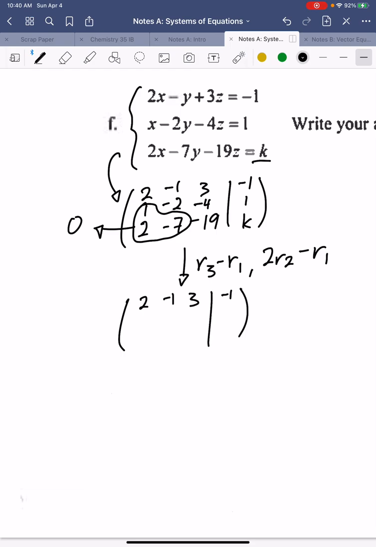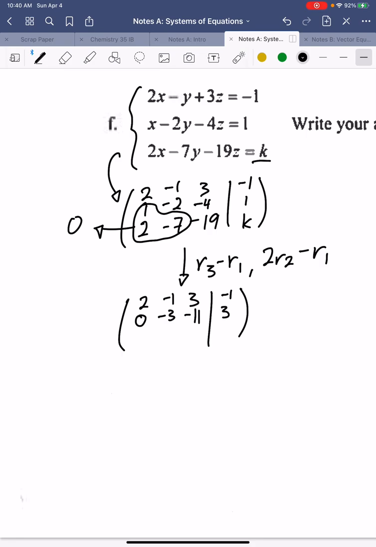Second row changes because 2 row 2 minus row 1. So 0, -4, so -3, -8, -11, 2 minus, so 3.